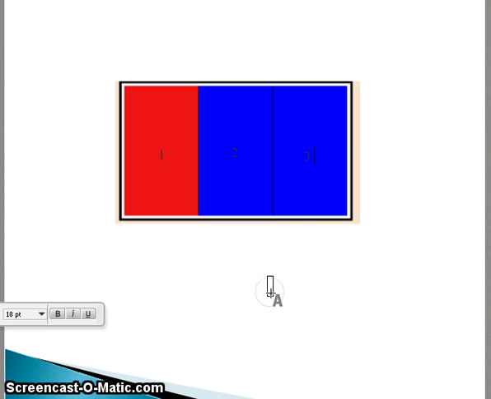So there's 3 equal parts. How many parts are shaded red? So there is 1 part that's shaded red. And then if we wanted to say how many parts are shaded blue, we would count, my pointer, 1, 2. So we'd have 2 parts that were shaded blue.